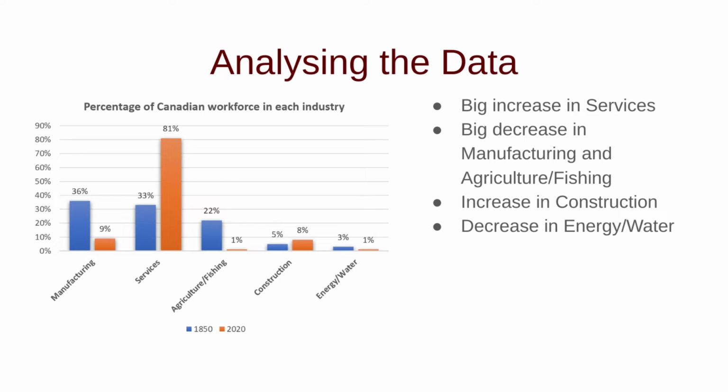Next, a big decrease in the number of people working in manufacturing and agriculture and fishing, a small increase in the people working in construction, and a decrease in people working in energy and water. And so our next paragraph is going to highlight the main trends, which for me are the big increase in people working in services and the decrease in people in manufacturing.